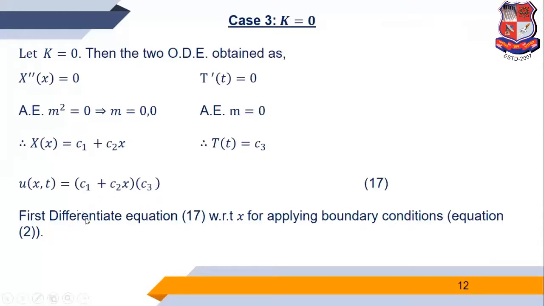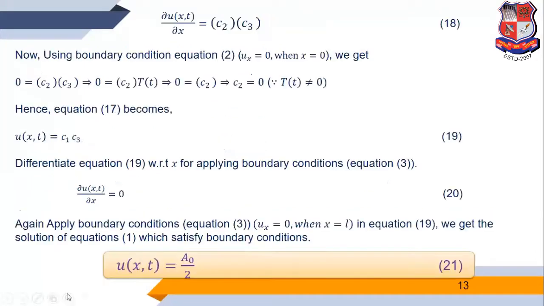Now first differentiate equation 17 with respect to x for applying the boundary condition equation 2. So similar procedure as for k less than 0 and k greater than 0. We apply the boundary condition first equation 2. So first we differentiate.